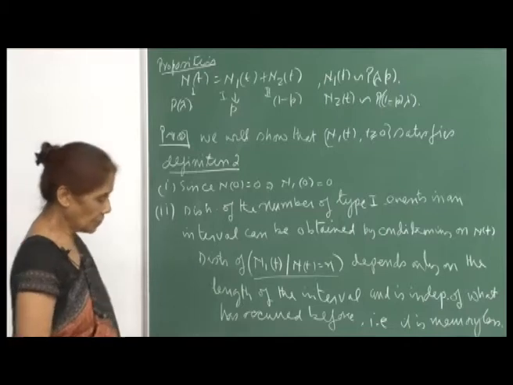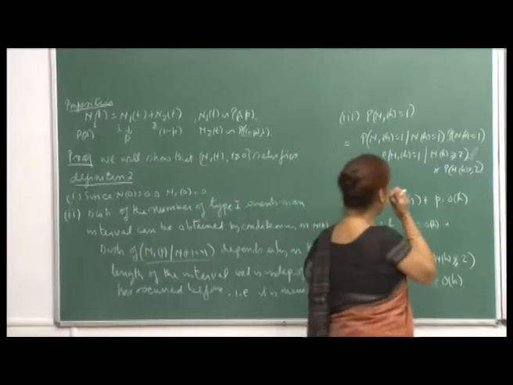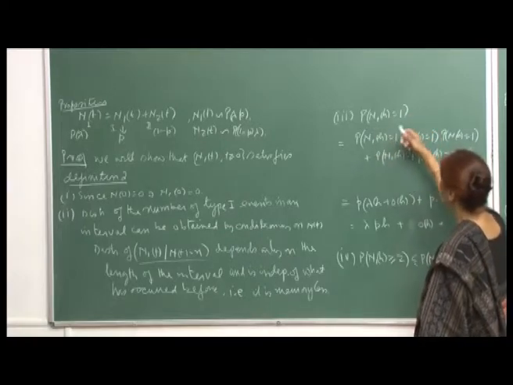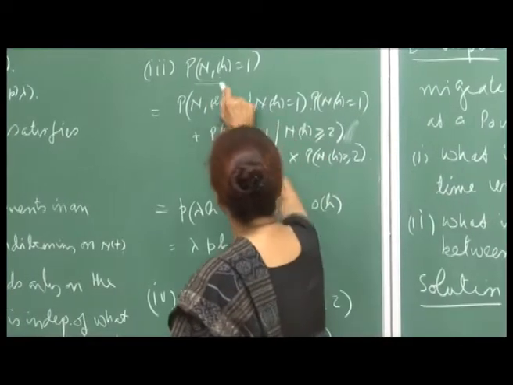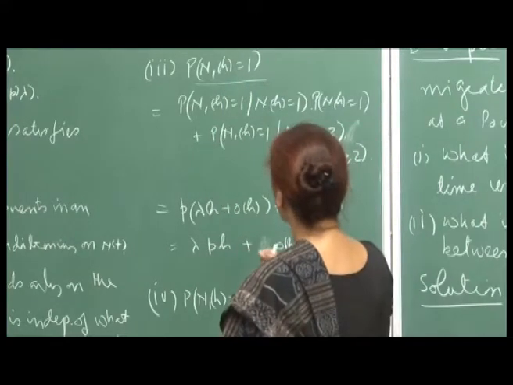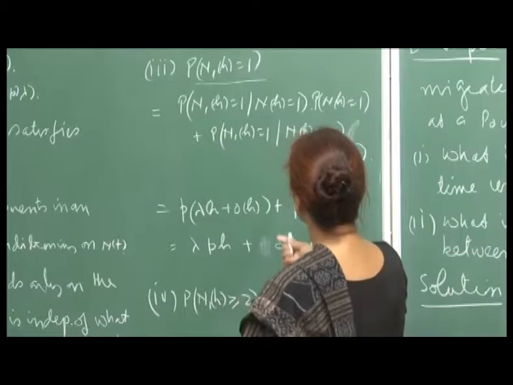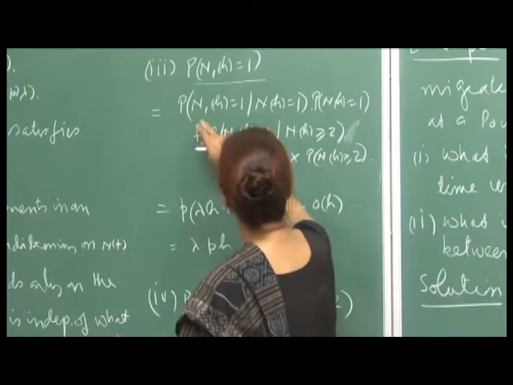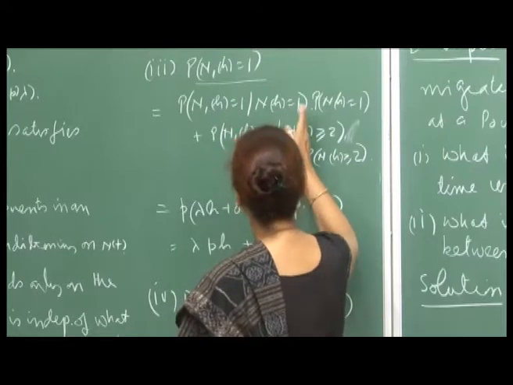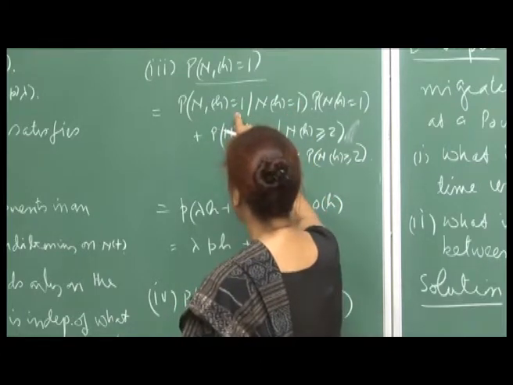Now, we just want to show the probability that N1(h) equals 1. So, property 3 should be satisfied. Let us look at this event. If the type 1 arrival in time h is 1, then we can break up this event as N1(h) is 1 given that N(h) is 1. So, total arrival is 1 and then N1 is 1.